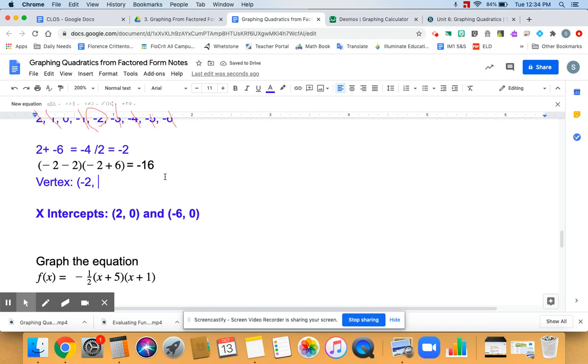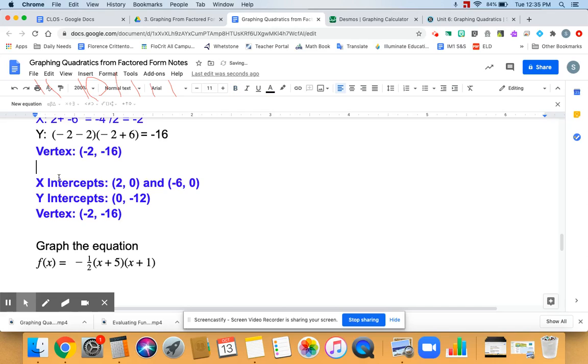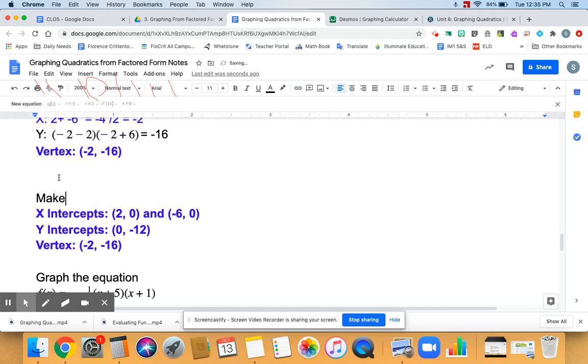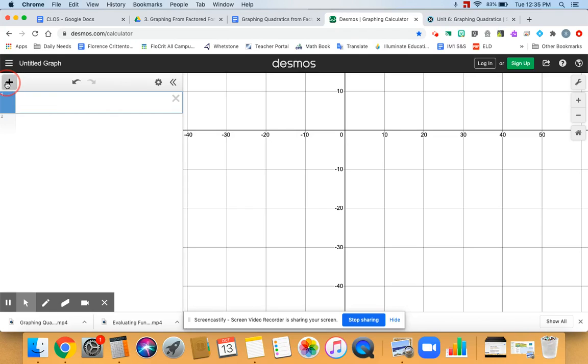So the y value of my vertex is negative 16. This one was how we found the x. This is how we found the y. And this is the whole vertex. So these are the 4 key features we found, and we need to make a graph.